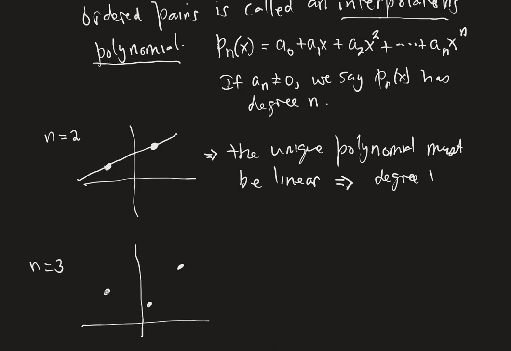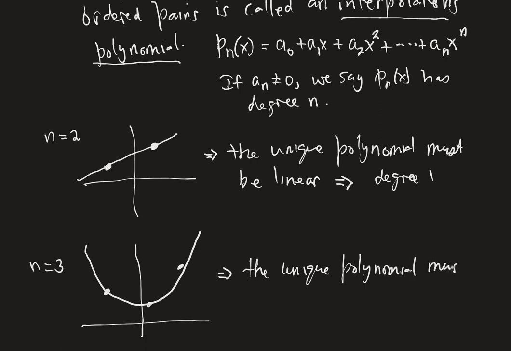But if I want the polynomial to be unique, it would have to be a quadratic. So it would have to look something like this. In this case, the unique polynomial must be quadratic, and remember, a quadratic has degree 2.